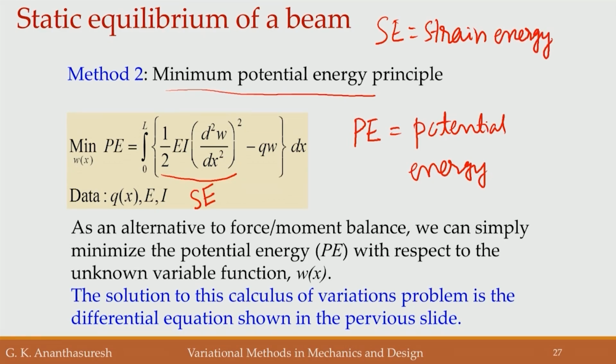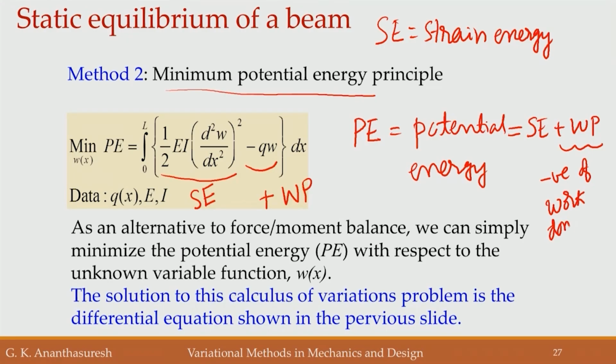And then we have minus the work done by external forces, and normally we write it as plus work potential. So, PE, the potential energy, is equal to strain energy plus work potential, where this work potential is the negative of the work done by only the external forces, not the internal forces, and that is the important distinction here.